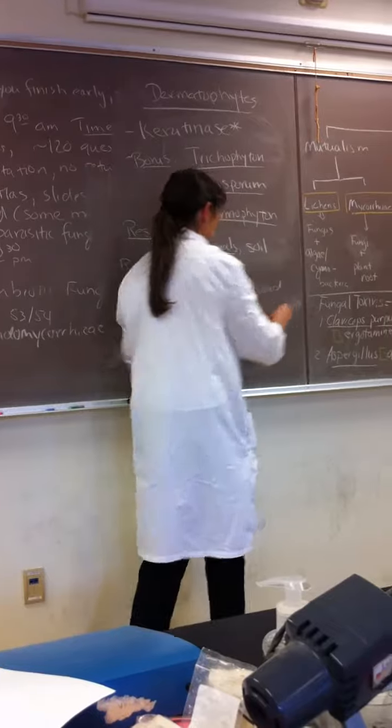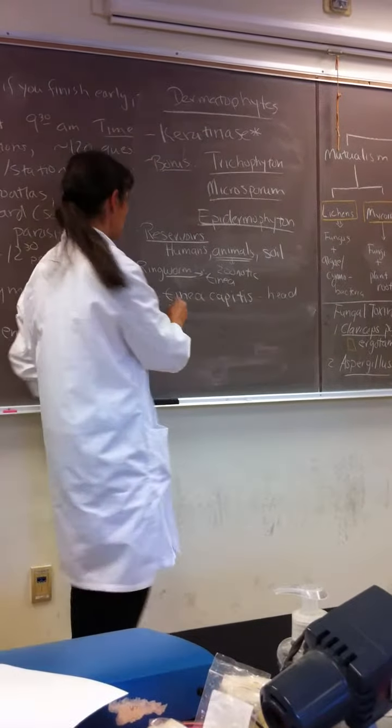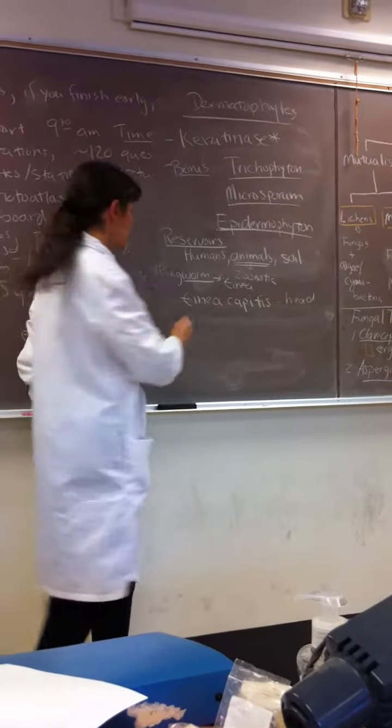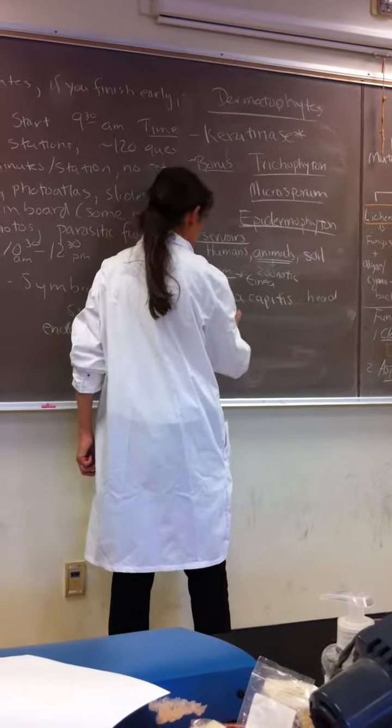If we had ringworm here on my arm or the trunk of my body, that's Tinea corporis. Another example is Tinea unguium, which is infection of our nails, and boy, these are tough infections to get cleared up.